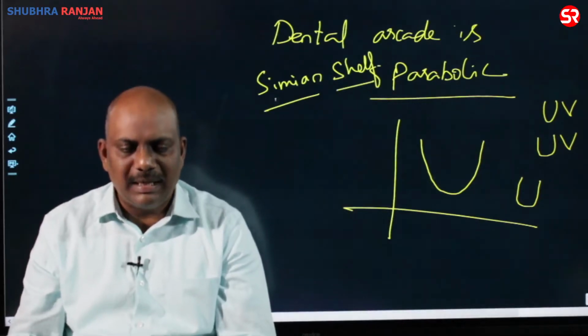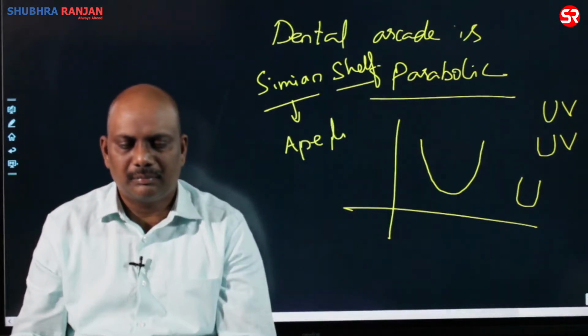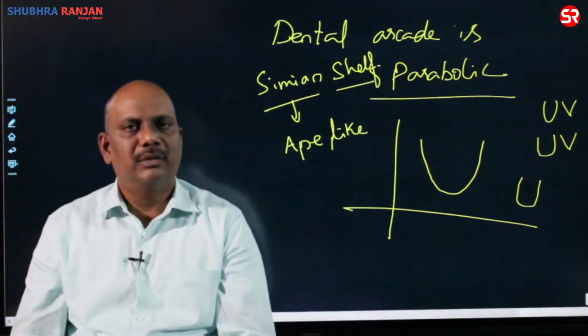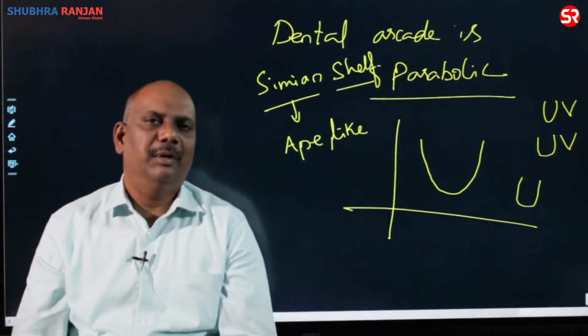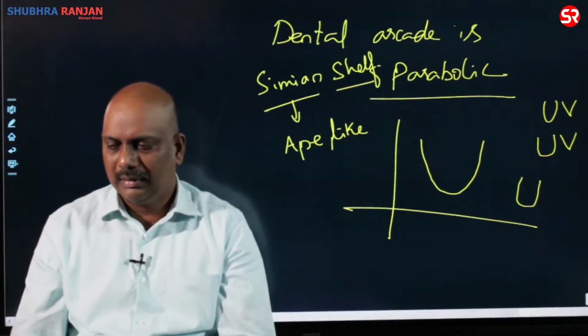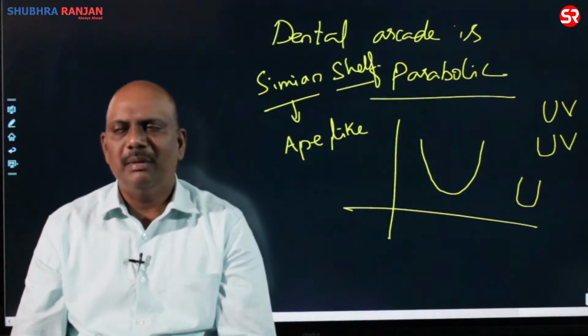Simian means ape-like. So this is also a very primitive character. Simian shelf: what do you mean by shelf?